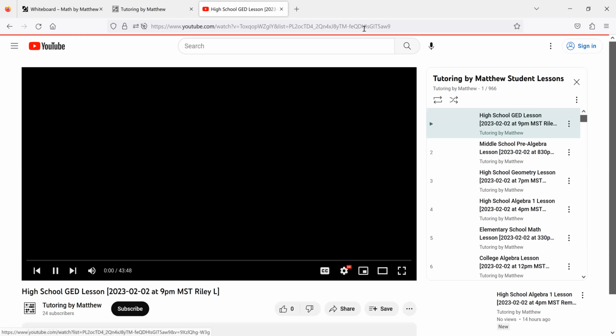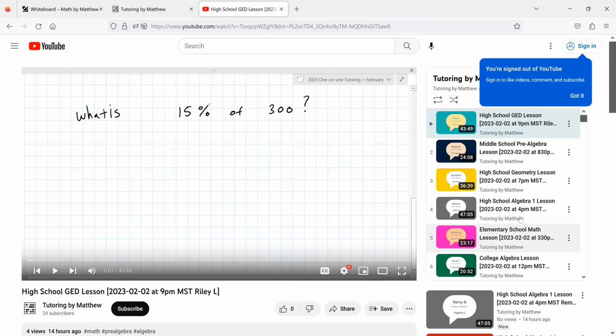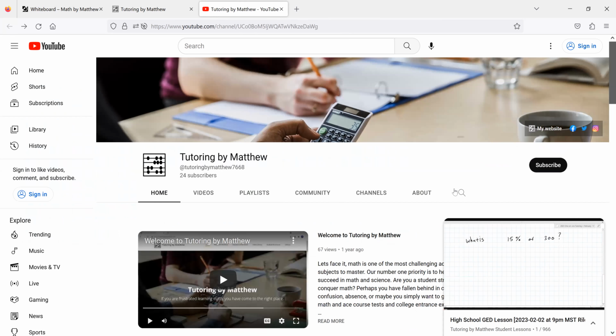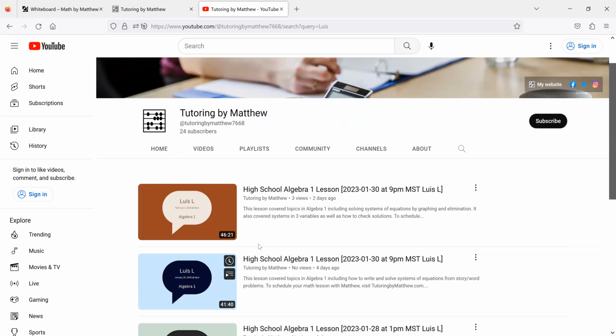You can search for other Algebra 1 class stuff, and you're going to find some systems stuff here. It takes a little bit of work, but you can always go in and look for other student lessons. I would definitely look for your lessons. If you're not sure how to do that, search here in the playlist for your name, do a quick search, and you'll see all your lessons there.